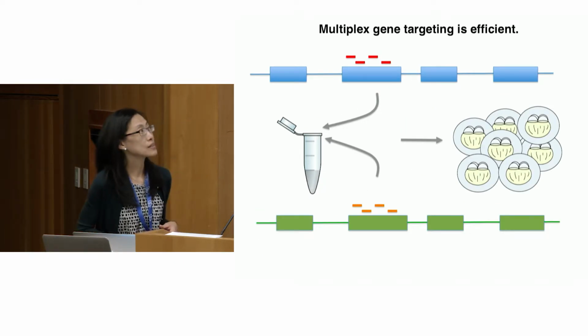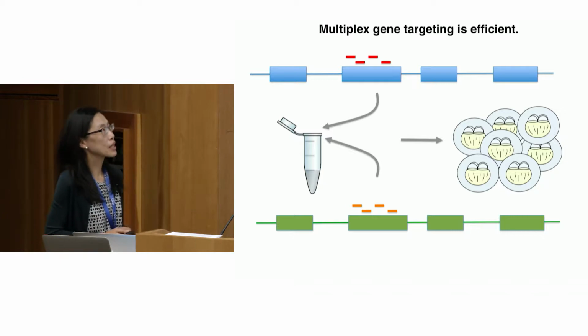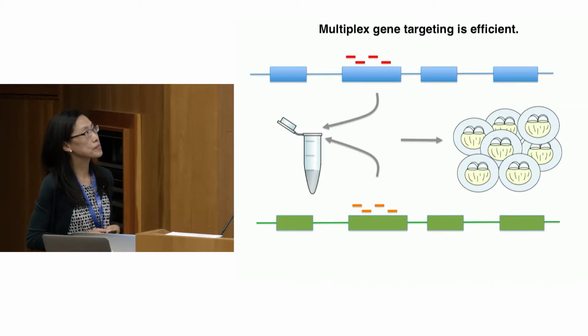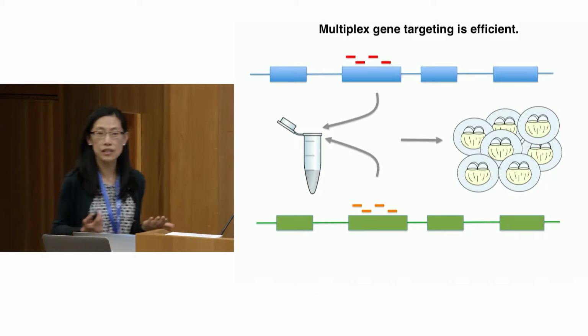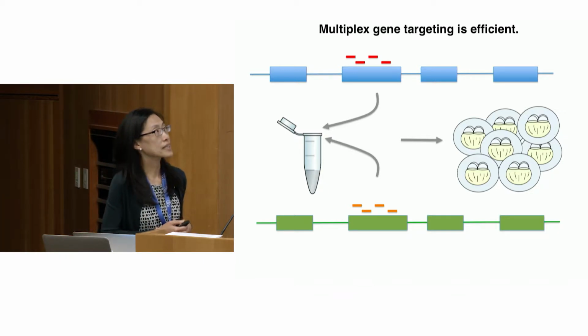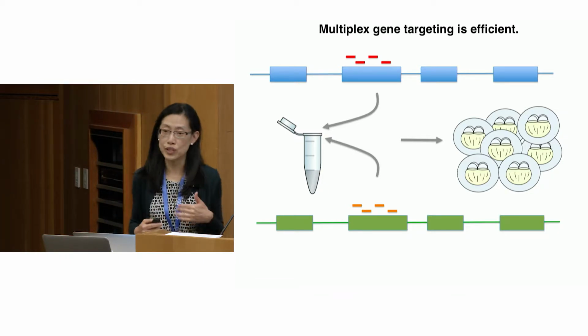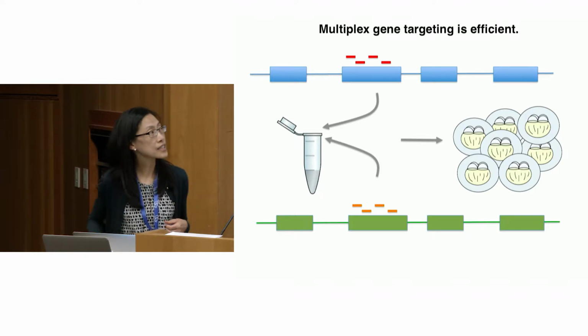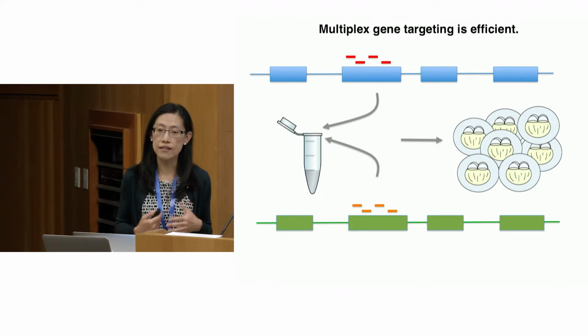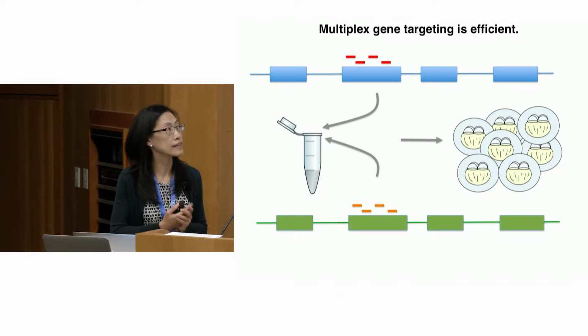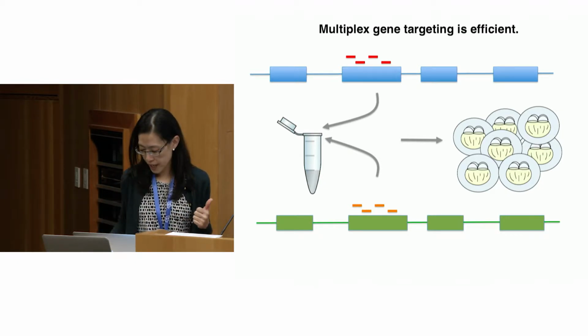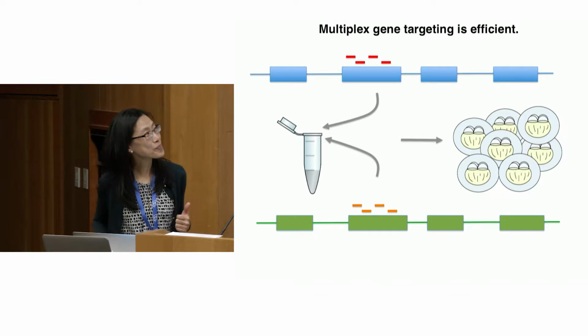And we also found that multiplex gene targeting is very efficient. We have tried to mix up to 10 different guide RNAs in the injections, and found that they don't really reduce the guide RNA efficiency.